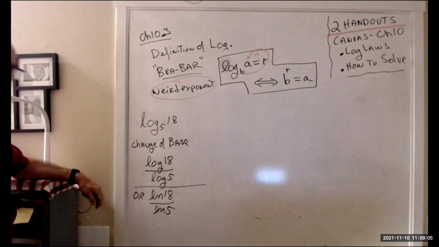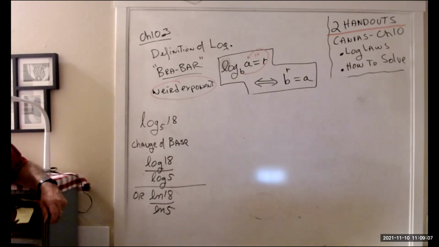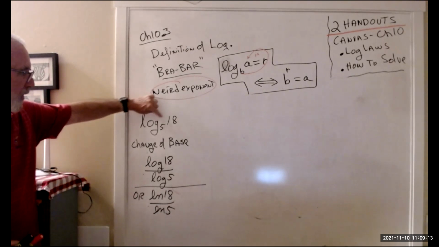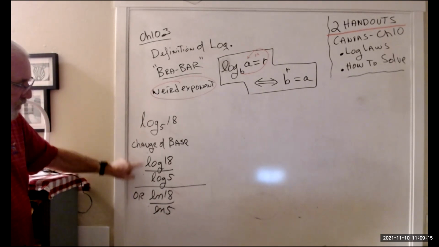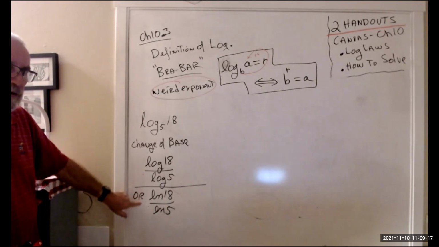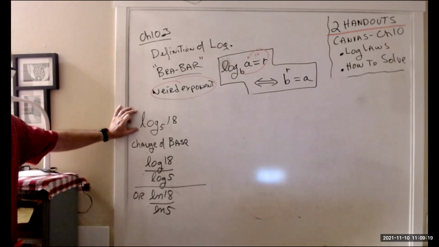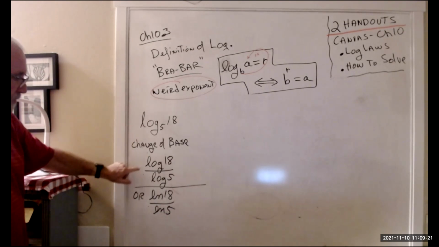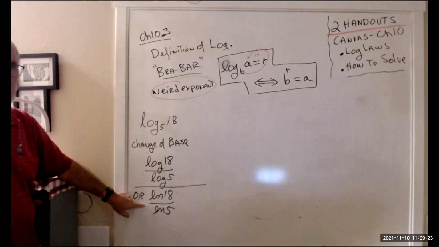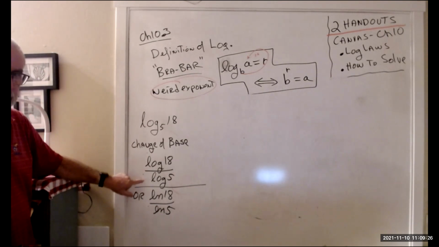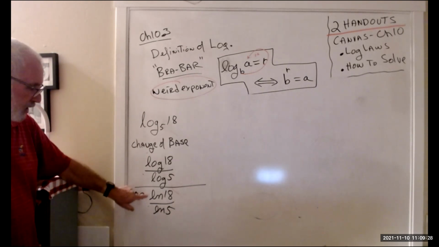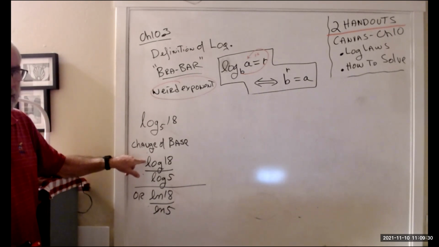It could be either one of those. It doesn't matter. You're going to get the same answer. Okay. So the log base 5 of 18 can be changed into either one of these. And if your calculator doesn't have all the fancy buttons, it's okay. Every calculator can do these two. Whether you push the LN button or the LOG button, it doesn't matter.